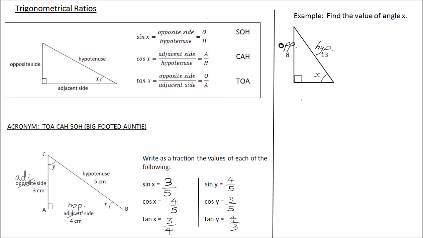So we can write this down as sine x is equal to the opposite side over the hypotenuse, which is 8/13.